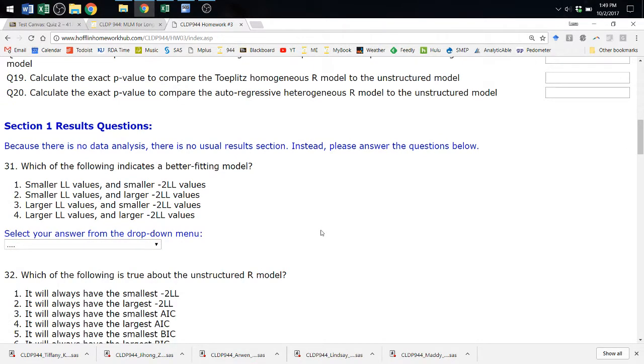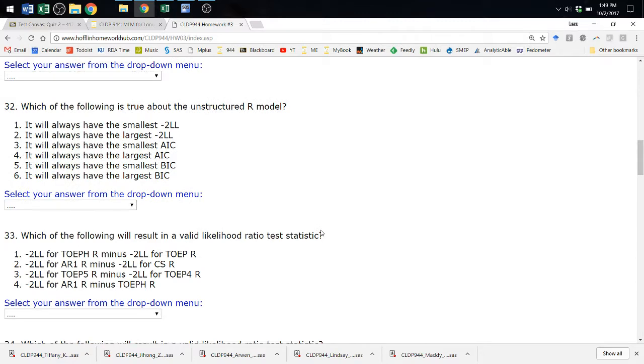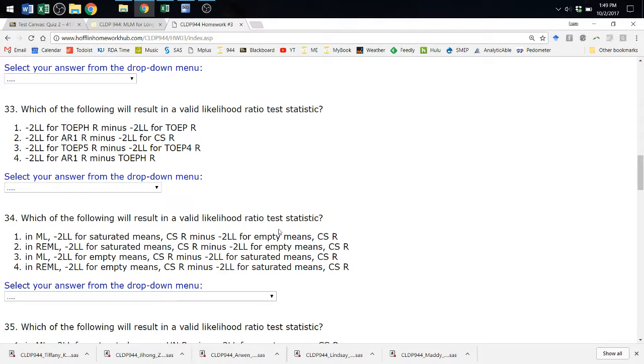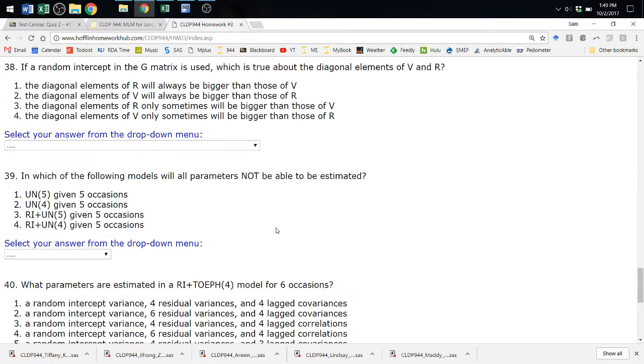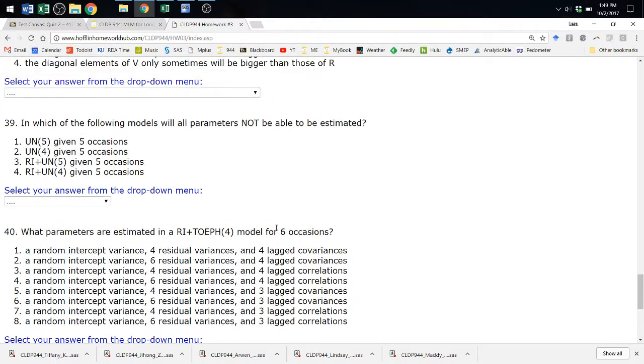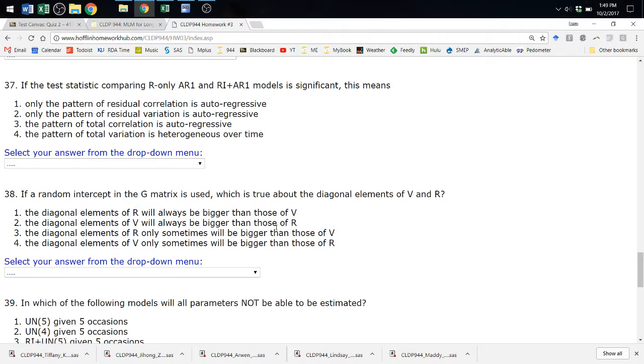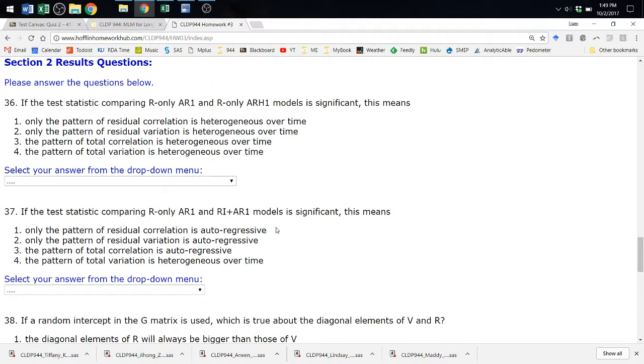I was just wondering if you could go over what the test statistics would mean, like why maybe the correlation or variation. So you're looking at the last section probably, right? Okay.